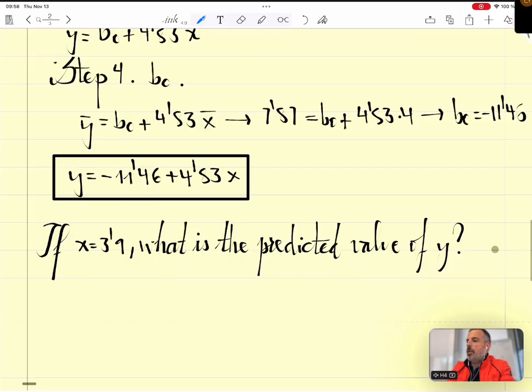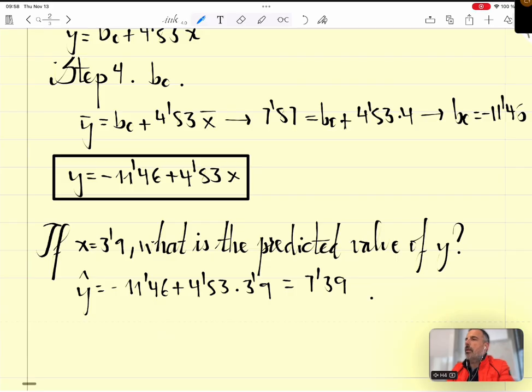Well, we just plug it in. The predicted value of y equals minus 11.46 plus 4.83 times 3.9. And this equals 7.39. Okay?